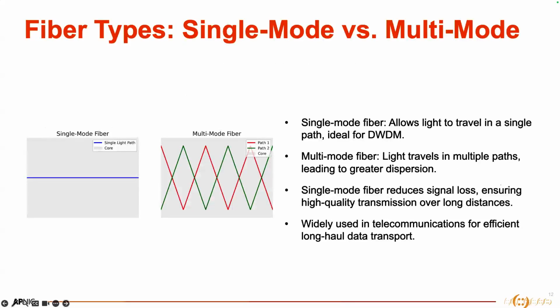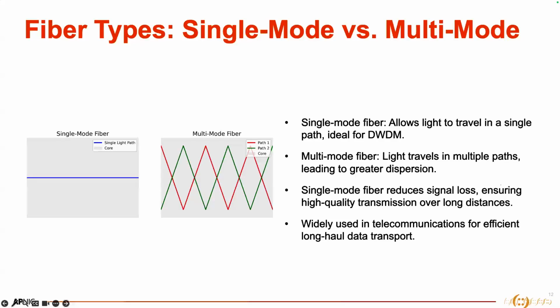Next, we have fiber types. We have different kinds of fiber available in the market, but in a practical aspect, we use two kinds of fiber, single mode and multi-mode. So what is a single mode and what is a multi-mode fiber?